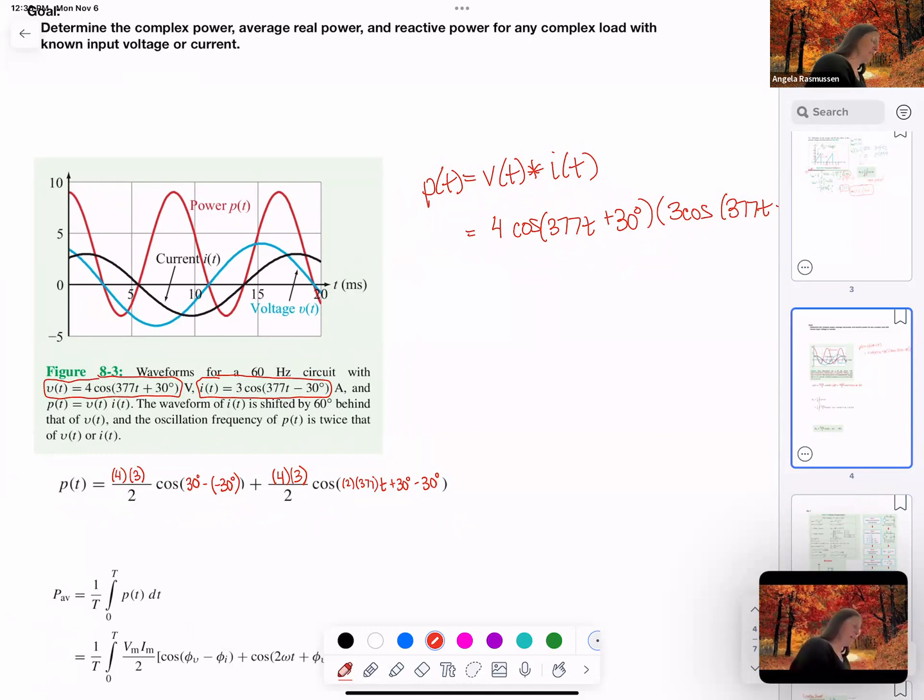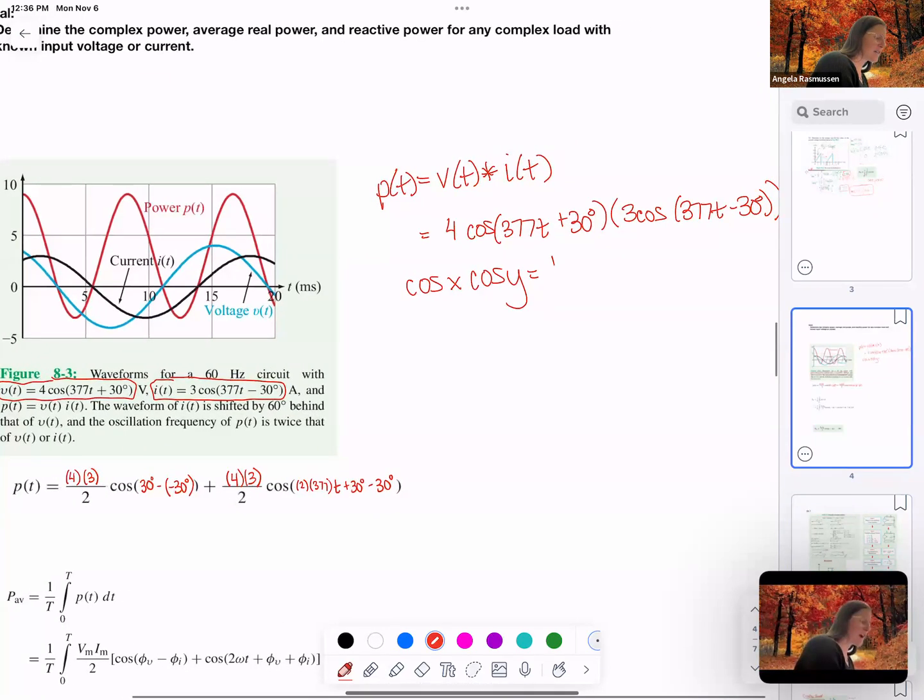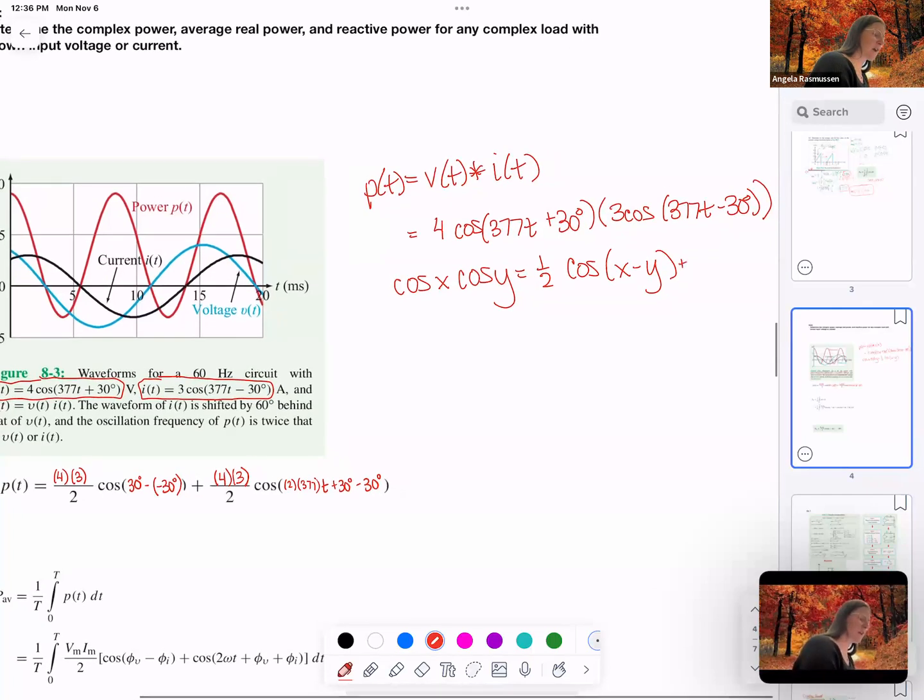So when you have cosine x times cosine y, this property gives you a half cosine x minus y plus a half cosine x plus y.